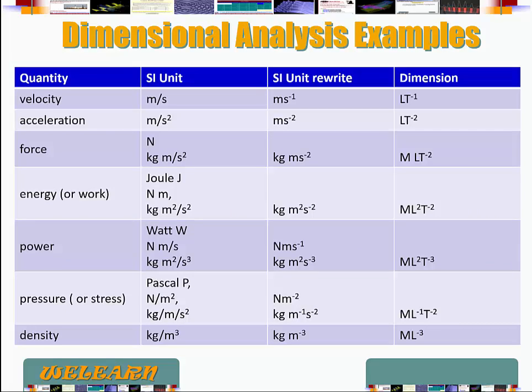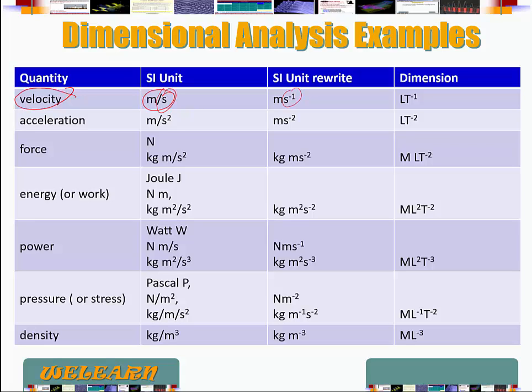Now, when we look at other quantities that we use in mechanics, for example, velocity, the SI unit for velocity is meters per second, that we can rewrite as meters second to the power minus 1. The power minus 1 tells us it's in the denominator.